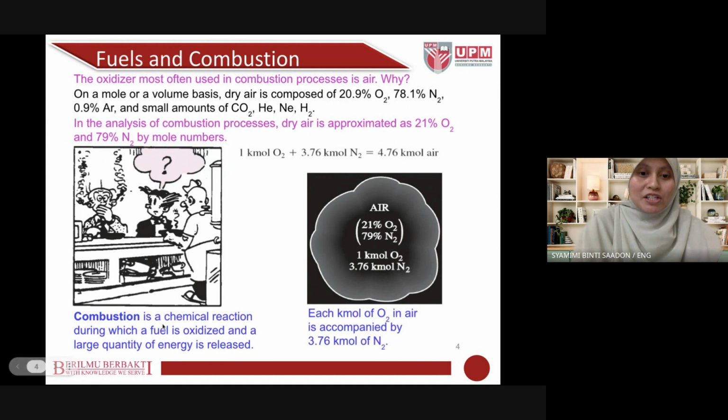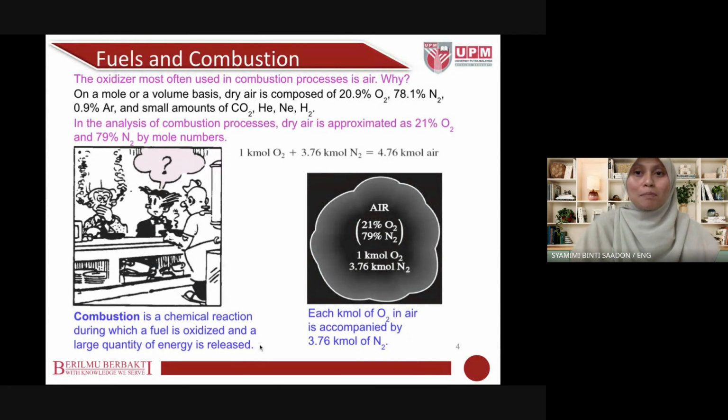So what is combustion? It's a chemical reaction where the fuel is oxidized, meaning the fuel is combined with air, dry air for example, or any compound that can be used for oxidation, usually containing oxygen, and a large quantity of energy is released.